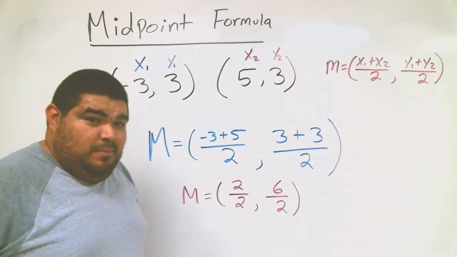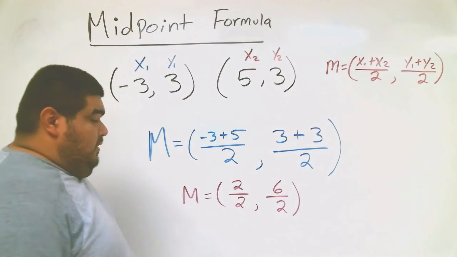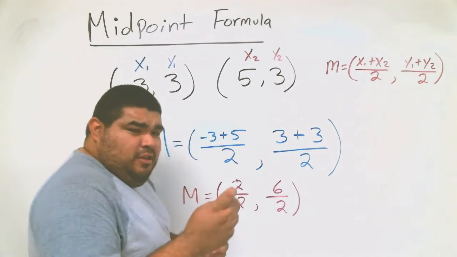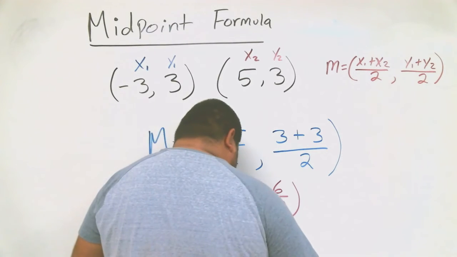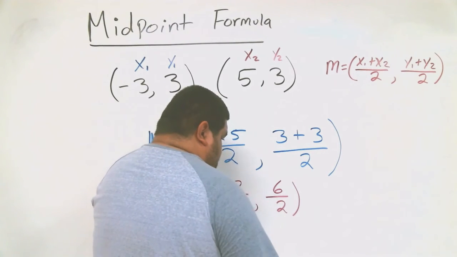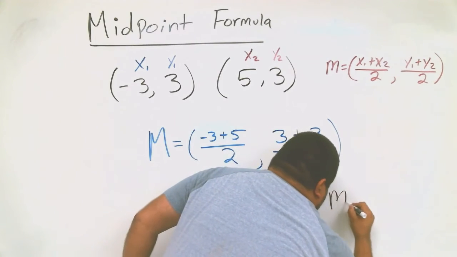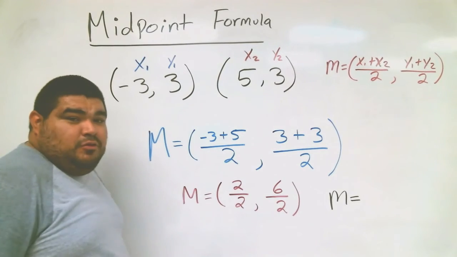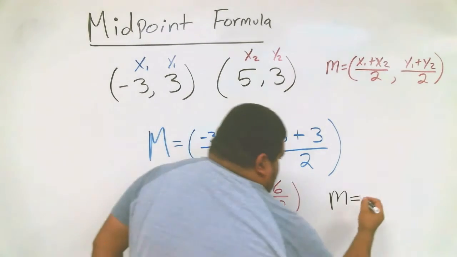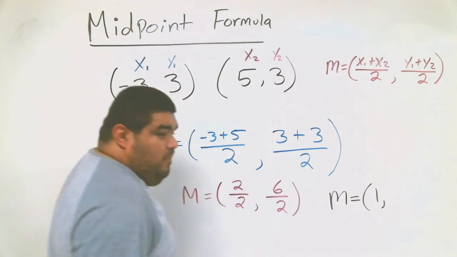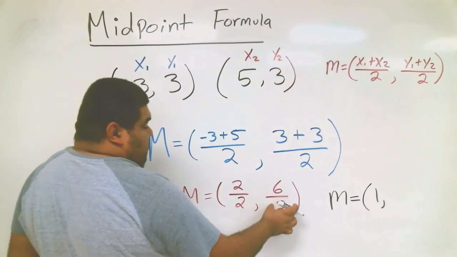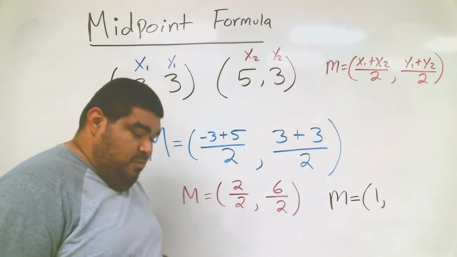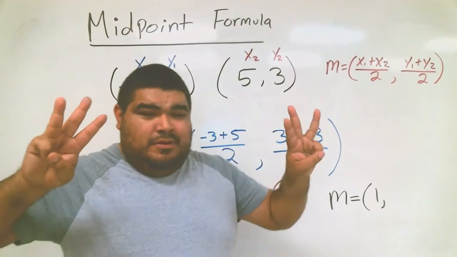Can we reduce them? Yes, we can, right? 2 can go into 2 one time. Let's do another color. This way we don't get confused. So we have m equals 2 can go into 2 one time, right? So 1, comma, 2 can go into 6. How many times? Remember, we have 3 and then 3, right?